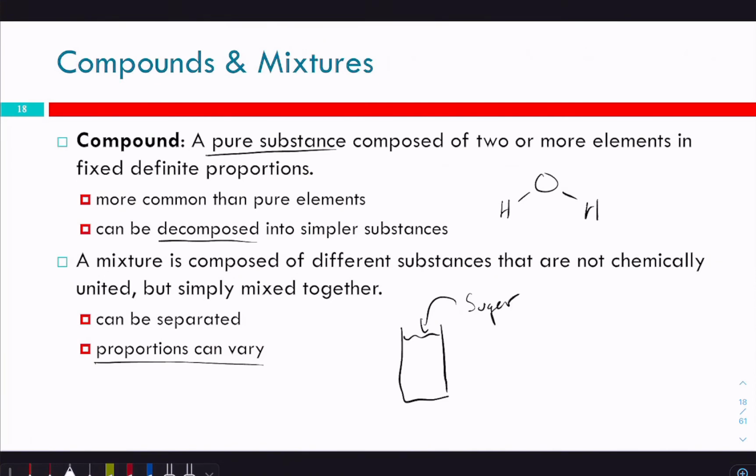But if I mix those two together, say I put in 1 gram of sugar, now I have a mixture. And the proportion isn't fixed, because I could add another gram of sugar, or I could add any amount of sugar, and it would still be a mixture in varying proportions. And it would be a little bit difficult, but we could technically separate the water out and the sugar out.